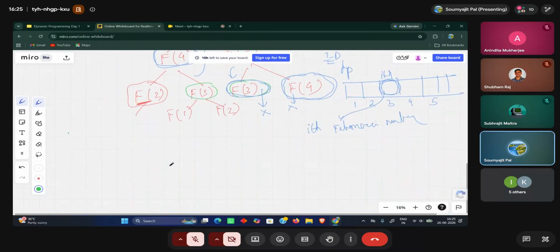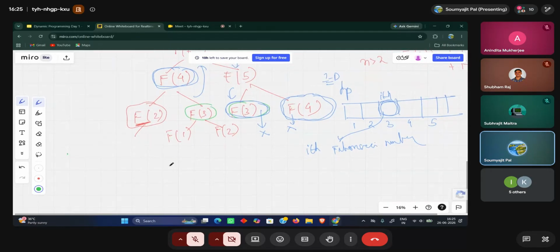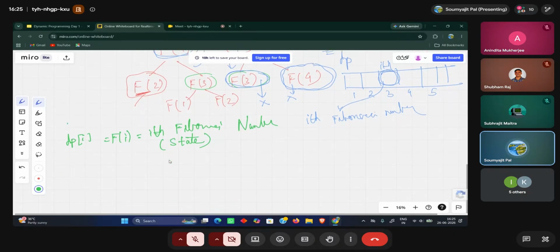Here Fi represents my ith Fibonacci number. So each subproblem is called a particular state, that is a DP state. I can write DP of i as Fi, that is the ith Fibonacci number. So DP of i is my particular state.